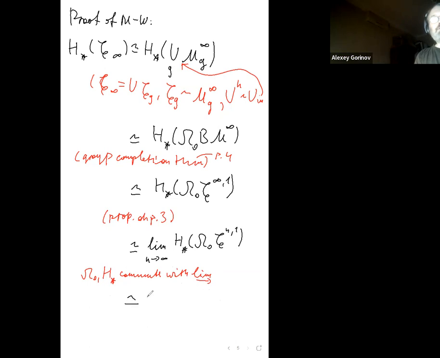Now this is the same as the limit of omega n naught C_n.